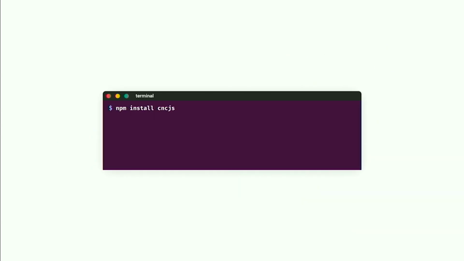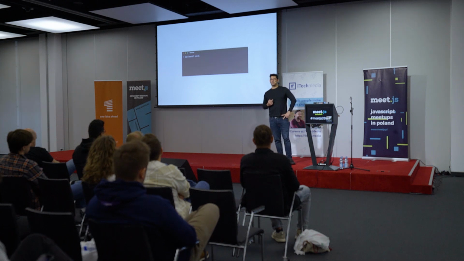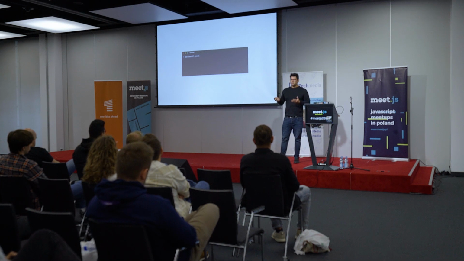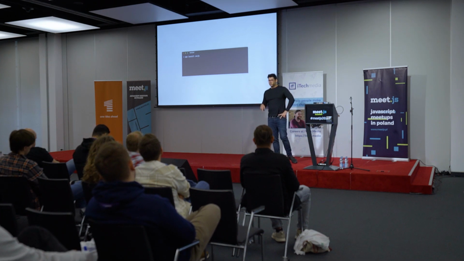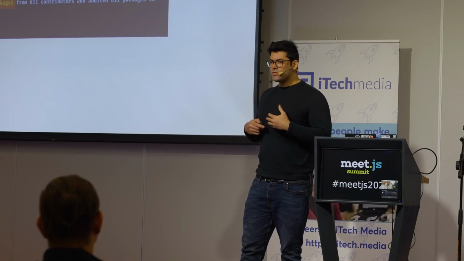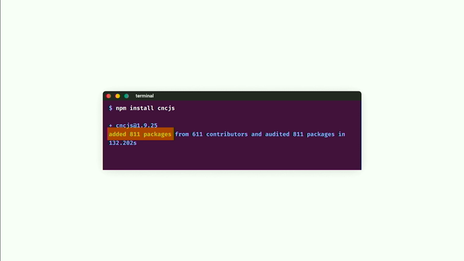Just to give you a tangible example, take this package called CNC.js. If I want to be a responsible developer, if I want to code review it and understand what's inside, what the transitive dependencies are, and everything before I add it to my product, I would need to go over an additional 800 packages contributed by 600 different contributors.